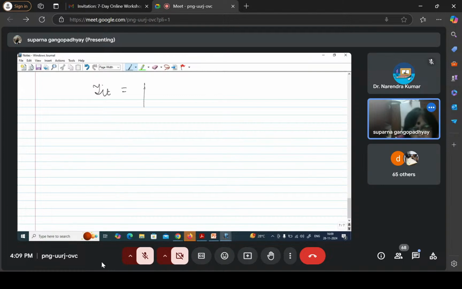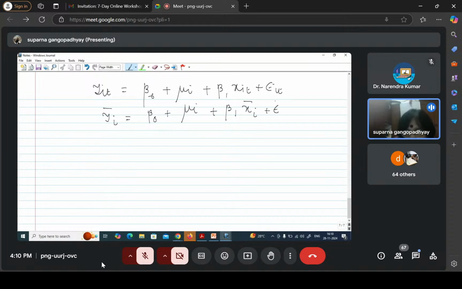Y it equal to beta 0 fixed, mu i plus beta 1 x it plus epsilon it is the model. So if you take the mean, it becomes y bar i, taking the mean, beta 0 plus mu i plus beta 1 x bar i plus epsilon bar i.